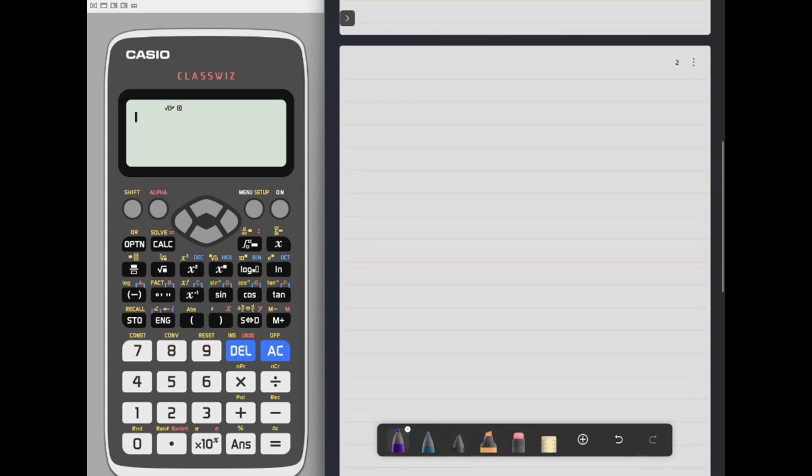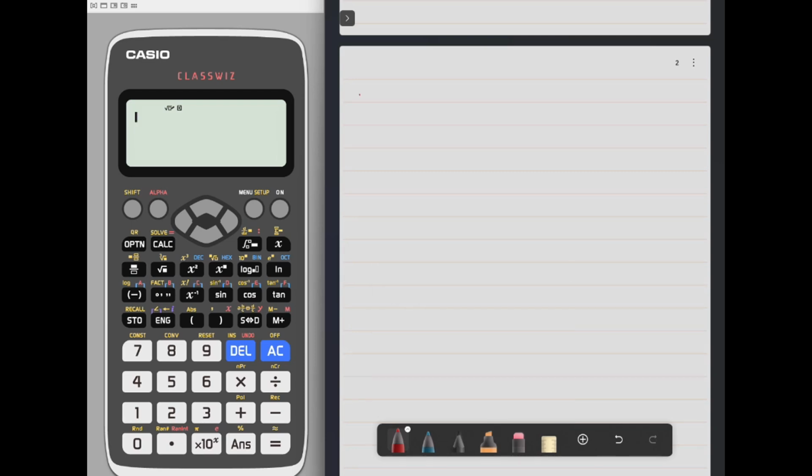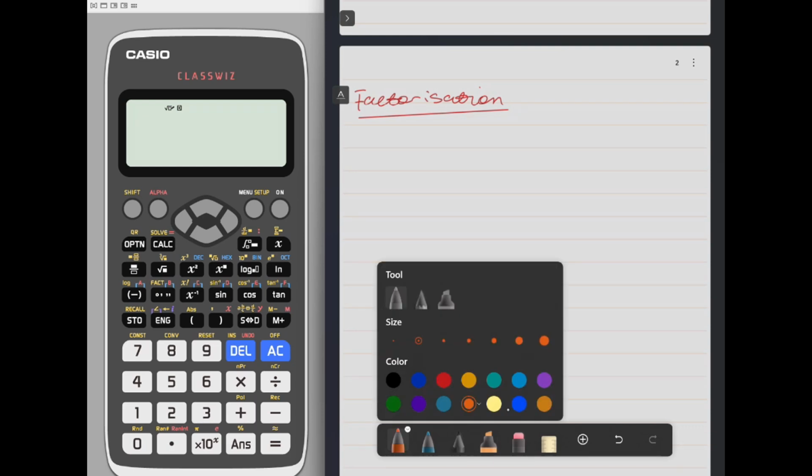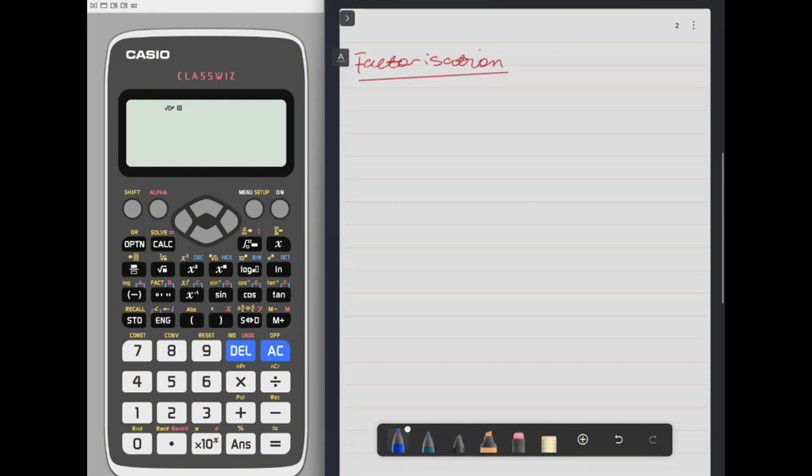So, as for factorization, guys, in factorization you have a method named product sum, which we used in the previous sessions, but we are going to revise it very quick.